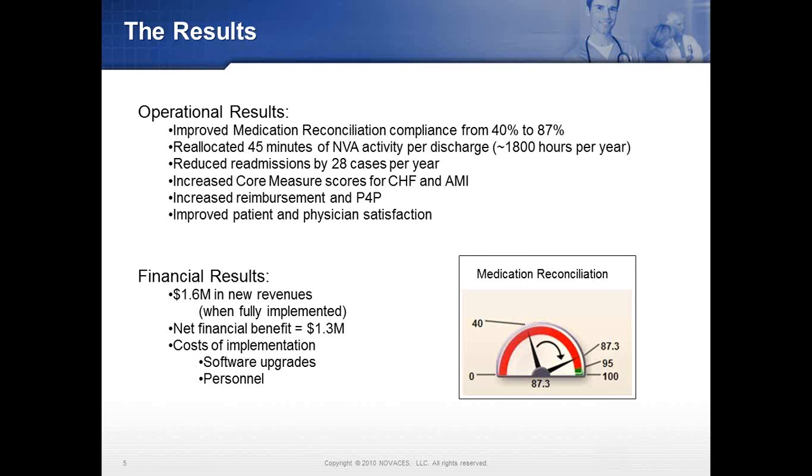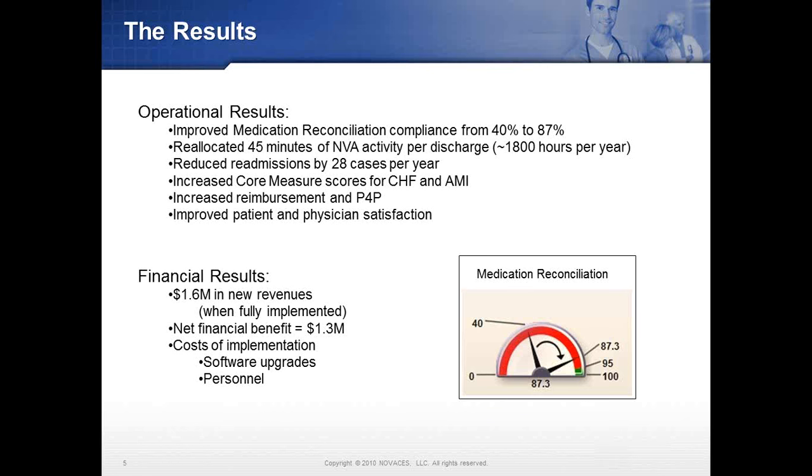We were able to reallocate 45 minutes of mostly nursing non-value-added activity for every single discharge. And at this hospital system, that adds up to about 1,800 hours per year of nursing time that can now be spent on taking care of patients. Also some other folks' time, pharmacists' time, physicians' time, but the large bulk of this was nursing time.